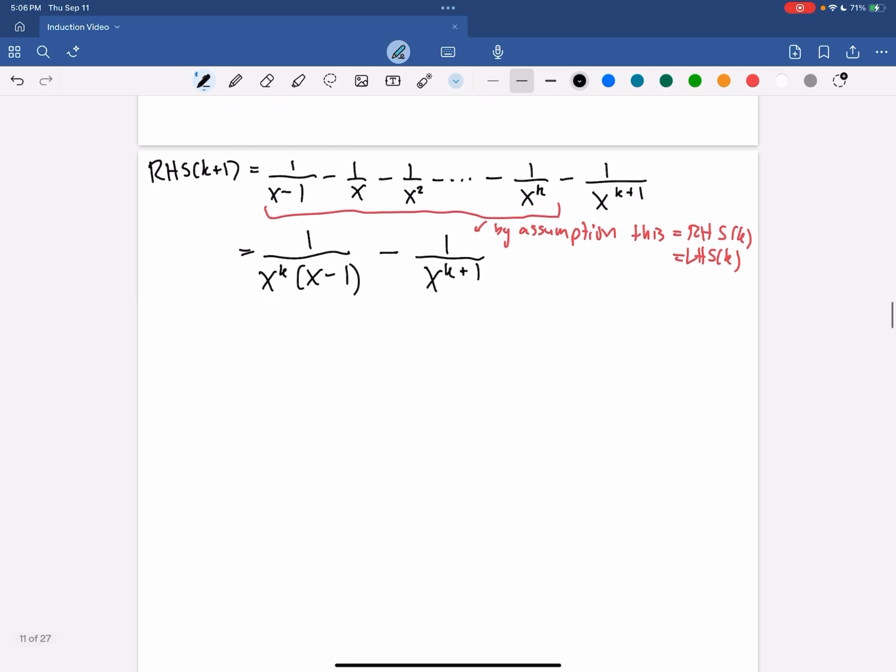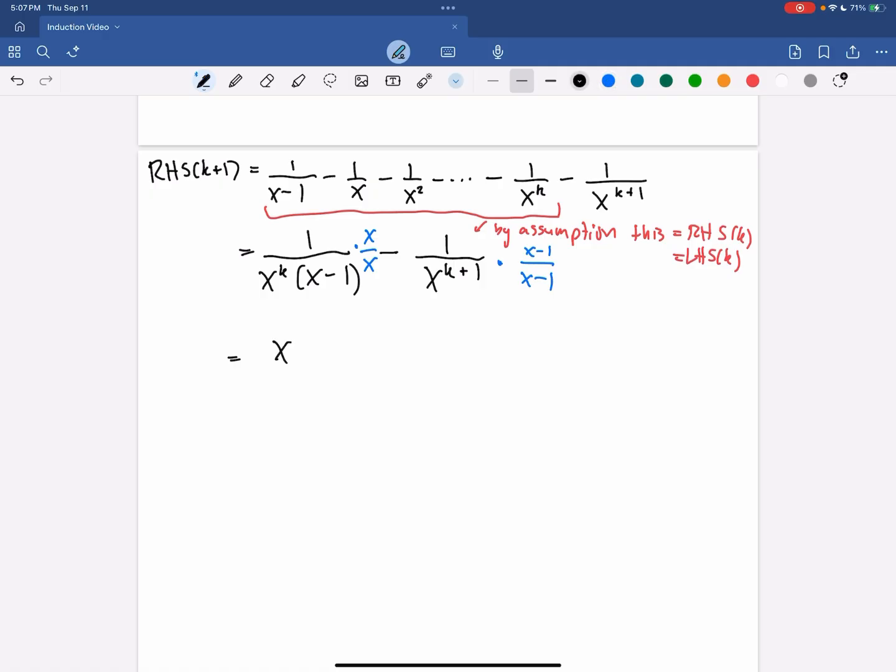So now what we can do is combine these into one fraction with a common denominator. And so the first term we can multiply on the top and the bottom by x. The second one on the top and the bottom by x minus 1. That should do it.